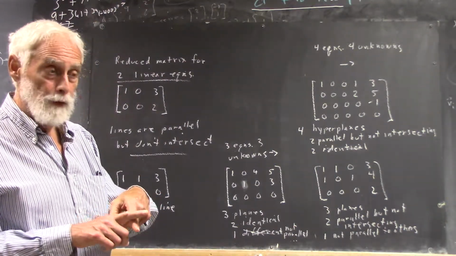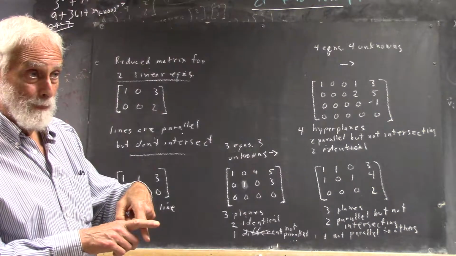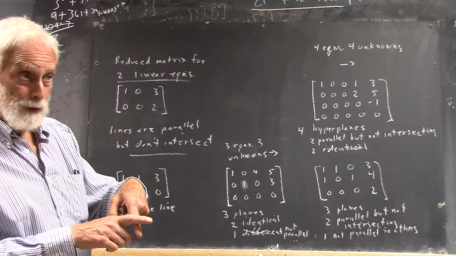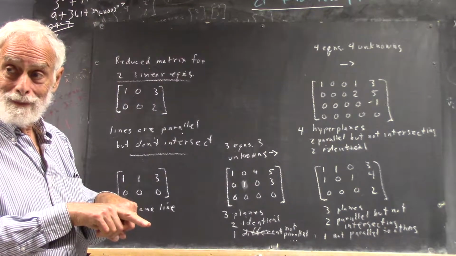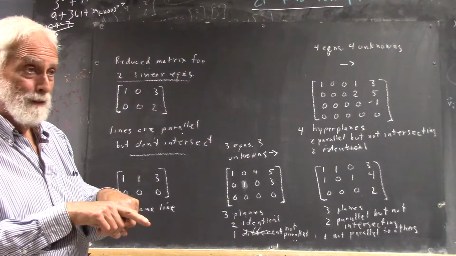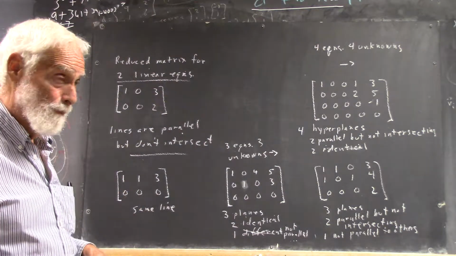So, two lines in 2-dimensional space, if they don't have the same slope, they intersect where? At a point. What's the dimension of a point? 0. If they're identical, then they intersect in a 1-dimensional line. Okay?